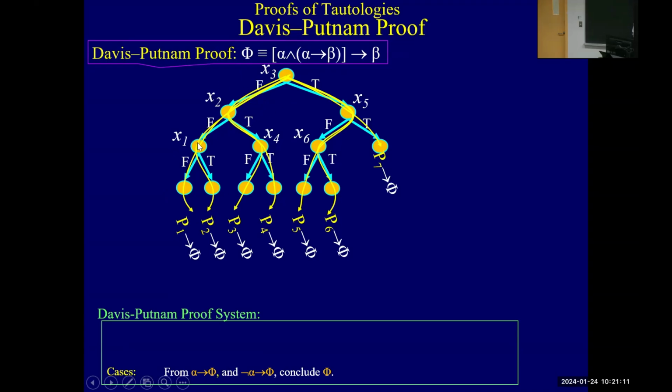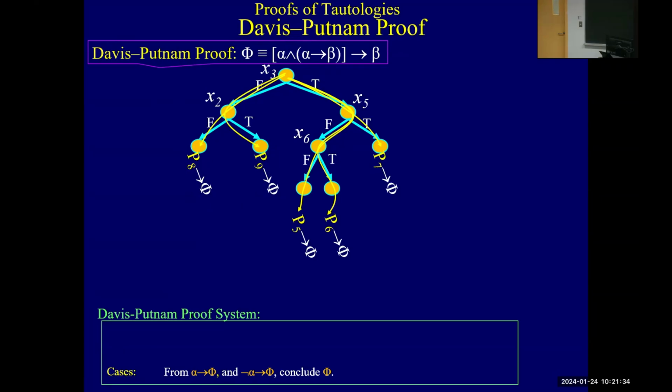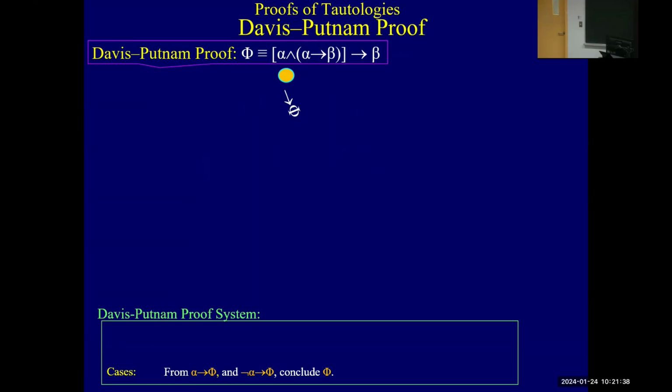Within this assumption, if x1 is false, we have it, and then if x1 is true, we have it, and hence we have it, right? Still within that assumption, right? And so similarly, we can say, well, within this assumption, we have it if x4 is false and if x4 is true. So we can apply the rule, right? And then you can keep applying these rules until you've proved your statement. Right? Does that make sense?